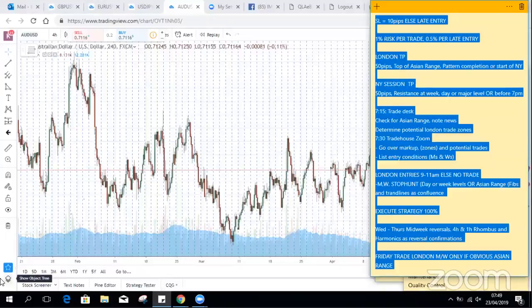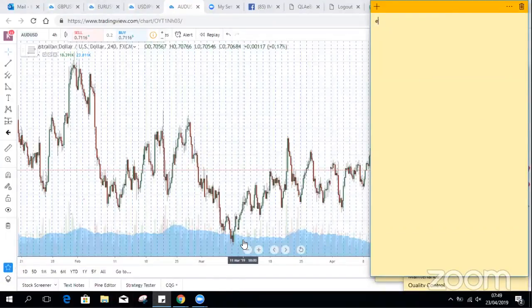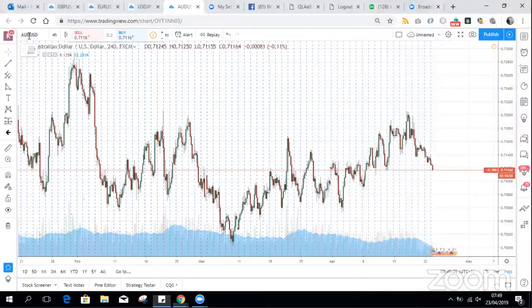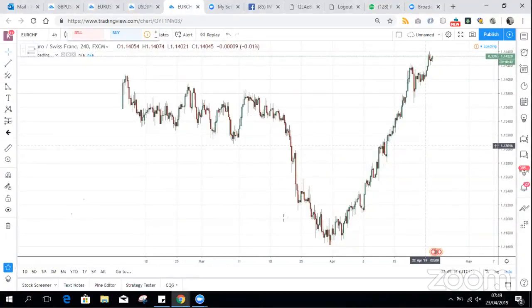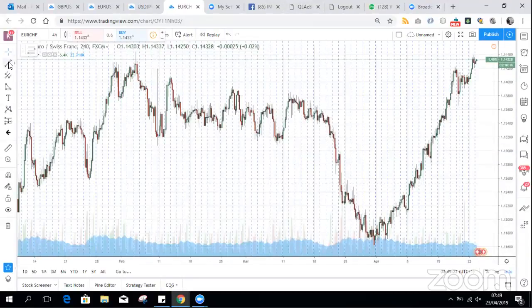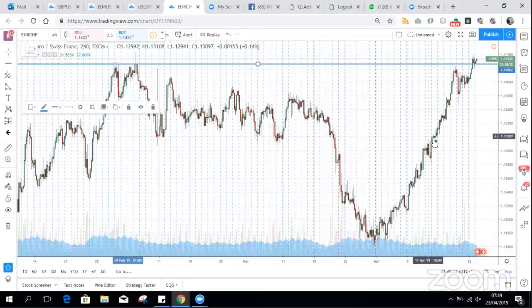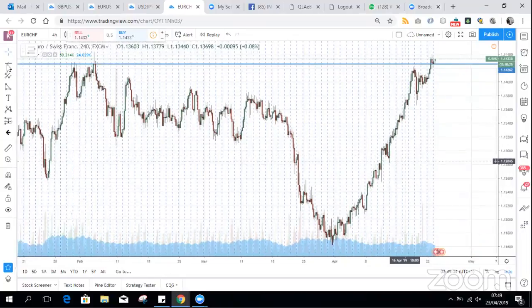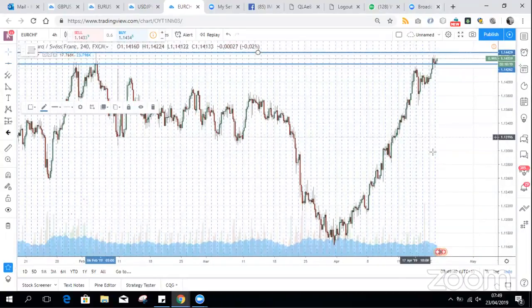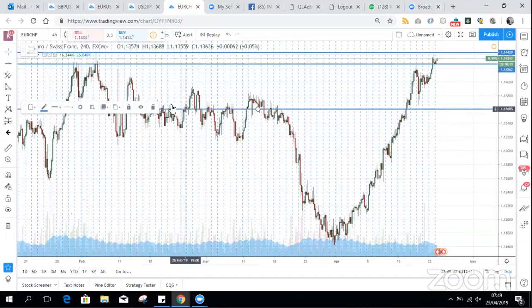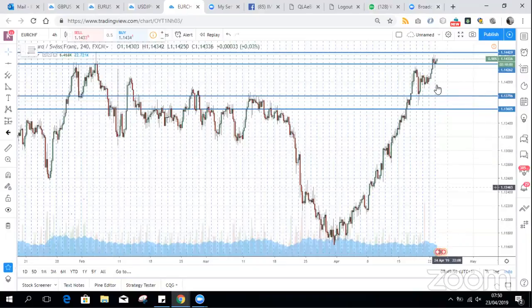CHF, NZD. So this is what I see here. So this is what we see here.